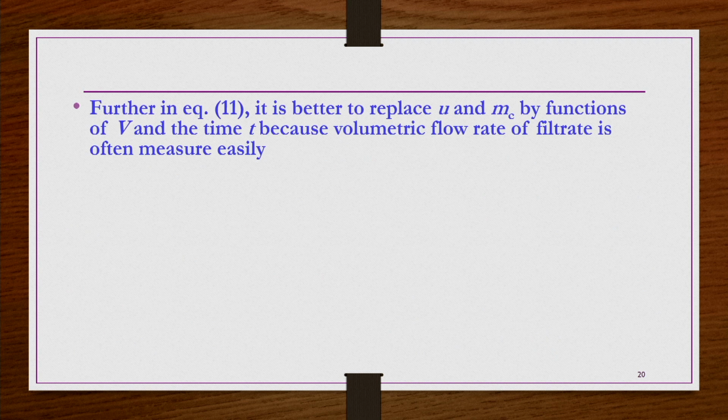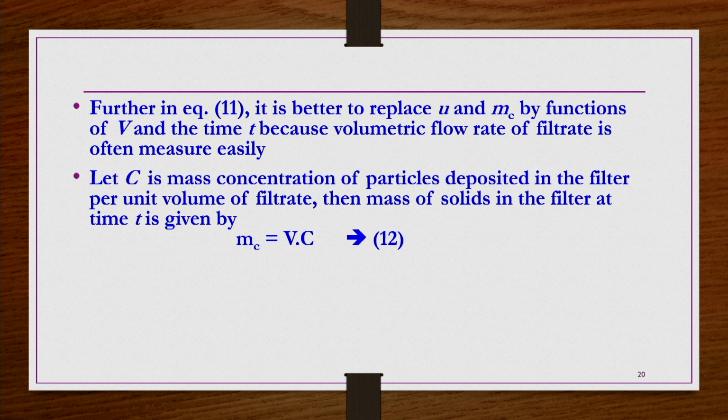Further, in equation 11, the total pressure drop equation, it is better to replace u and mc by functions of V and the time t, because the volumetric flow rate of filtrate is often measured more easily experimentally than u or mc. So let C be the mass concentration of particles deposited on the filter medium per unit volume of the filtrate.